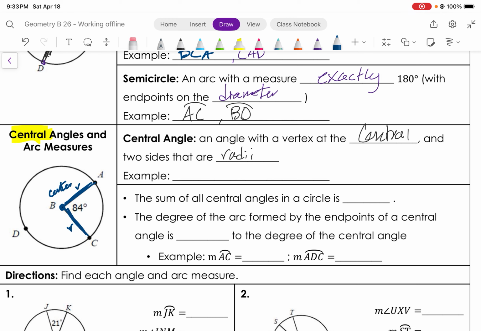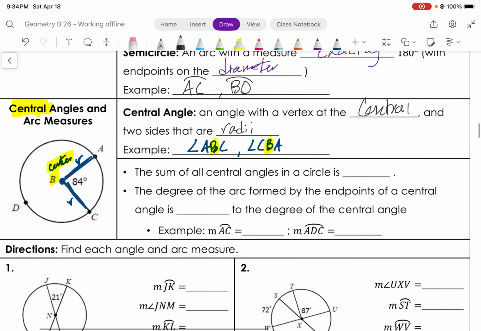Those are R's, kind of, sort of. We'll go with it. Okay, so an example would be a central angle. We could say angle ABC, or you could say angle CBA. Both of those have B in the center of the 3 letters. That's not a coincidence, and that's because it's the center of the circle, which again, if we're thinking about angles, would actually mean that it's the vertex, if you remember all the way back to Geometry A, Unit 2.